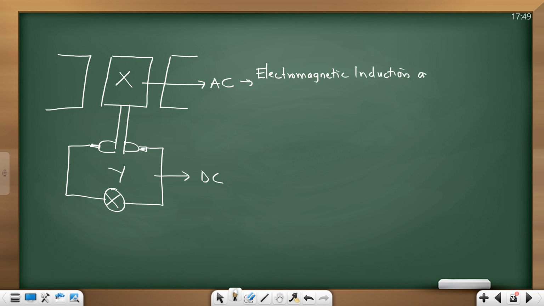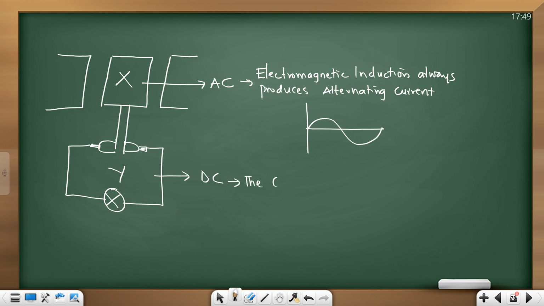Electromagnetic induction always produces what? Alternating current. Always. And you know the graph there, right? Always. But here DC, why? The commutator converts the AC to DC.